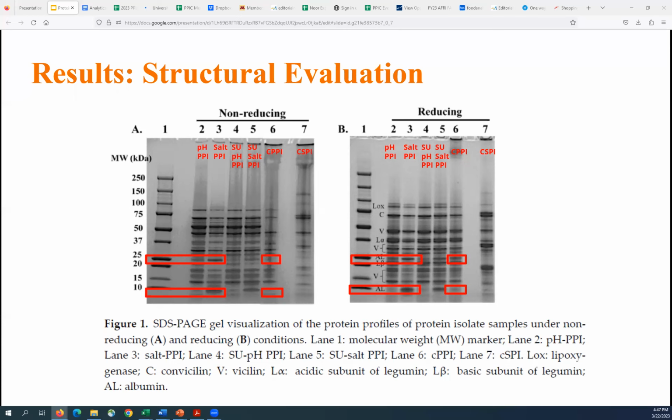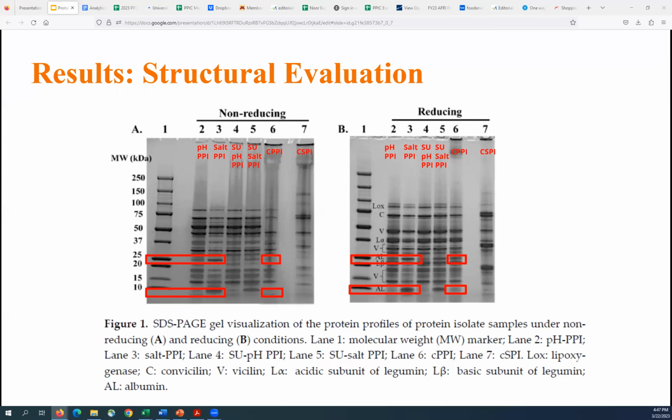So one thing that these researchers found is they found unique bands at 25 and 9 kilodaltons in the salt PPI. So that's column 3, that weren't present, or if they were present, they were very faint and faded in the pH PPI. And so they're thinking that this is due to the nature of the isoelectric precipitation that happened with the pH extraction.